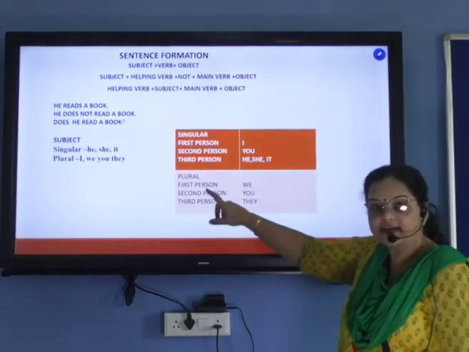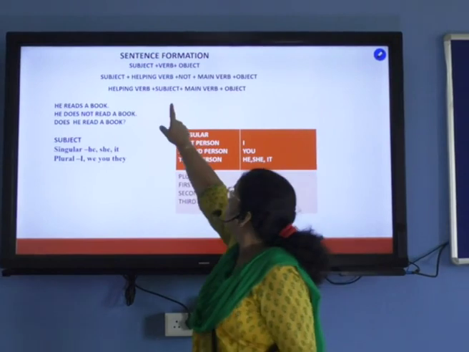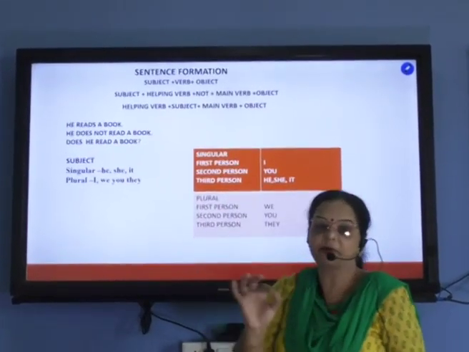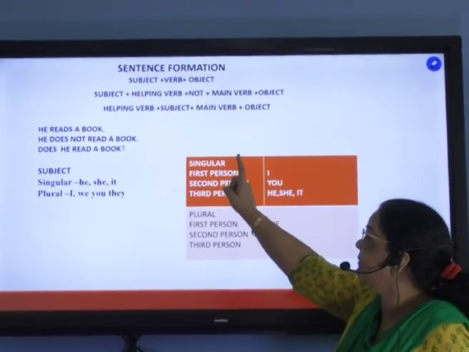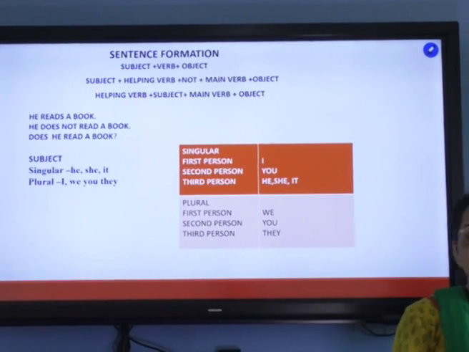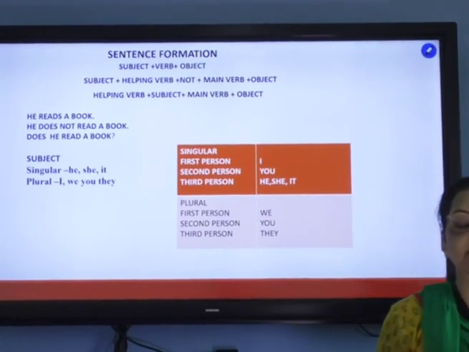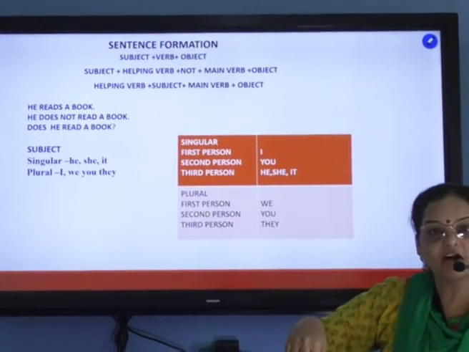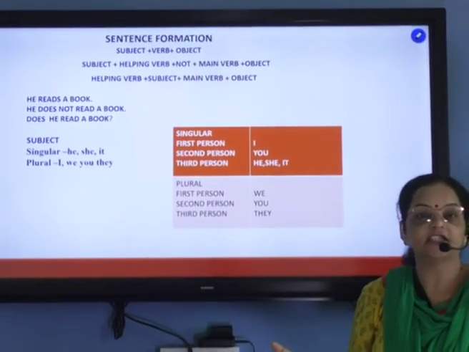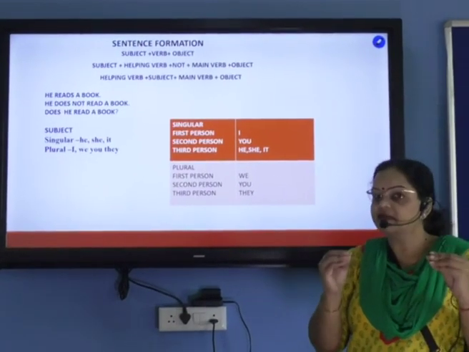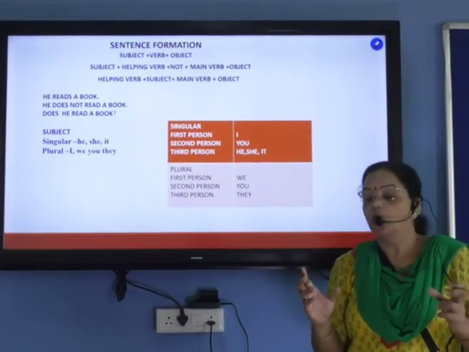For interrogatives, you have to take the helping verb before the subject. Only this much you have to do. So in short form, you can say SVO, that is subject, verb, object. When we bring the helping verb before the subject, it changes into an interrogative sentence. Very simple, but keep this in mind: SVO.